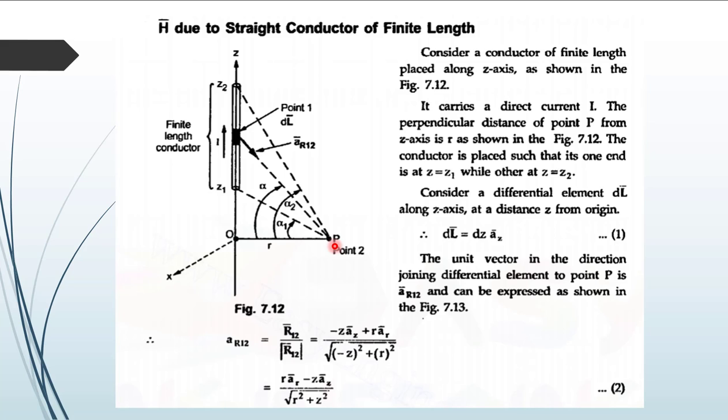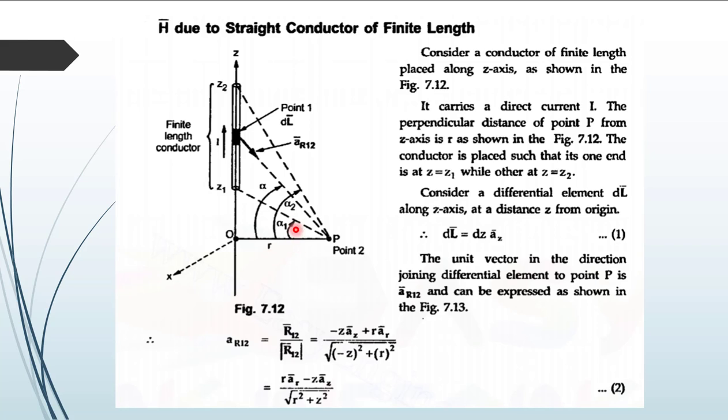Now due to this, two angles are made by these two ends with respect to point P. One is alpha 1, the angle made by the Z1 line with this perpendicular horizontal line, where this horizontal distance r is the shortest distance between point P and the axis of the filament.